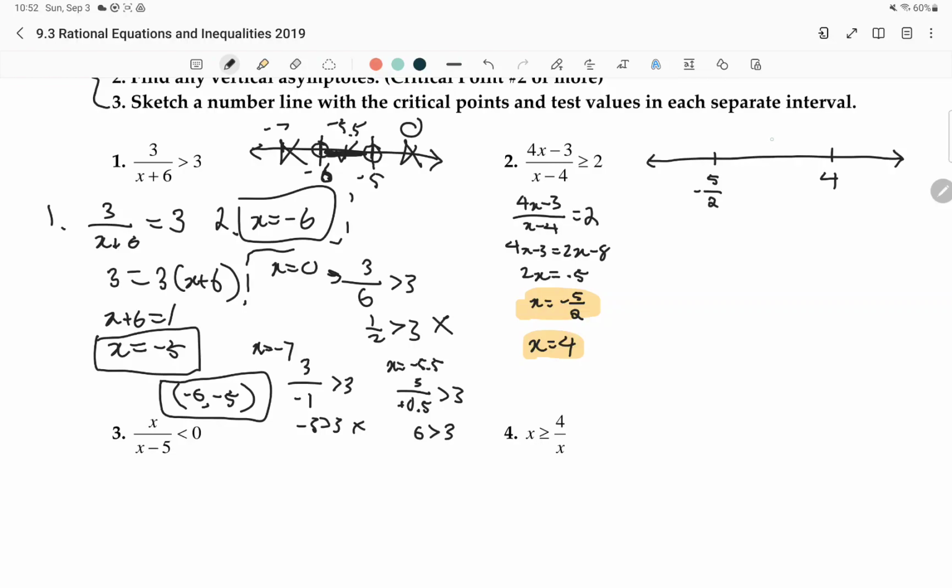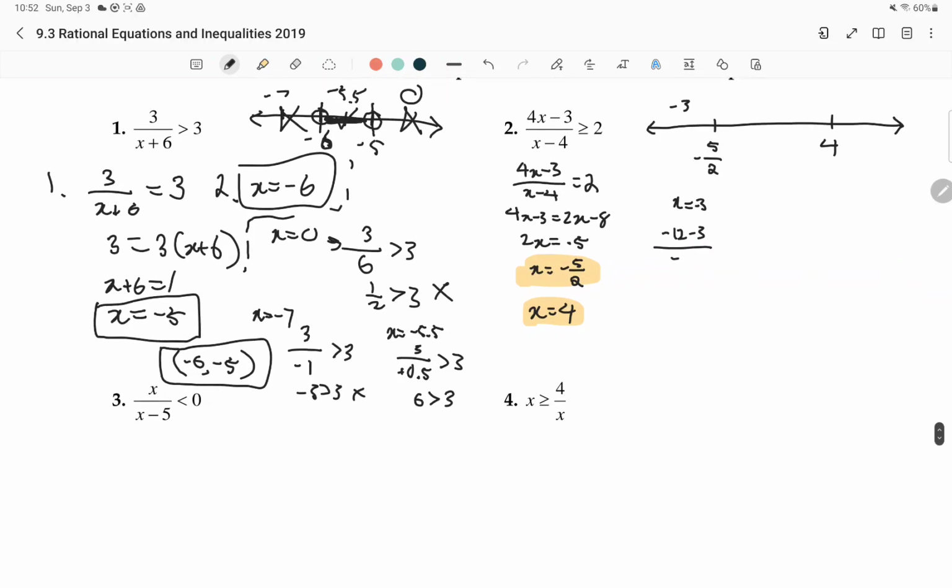Obviously, we have our values in here, our values here, and our values here that we need to test. So if we test boundary point A, we're just going to use -3 as an example. So if x equals -3, we're gonna get negative 12 minus 3 over negative 7 is greater than or equal to 2.